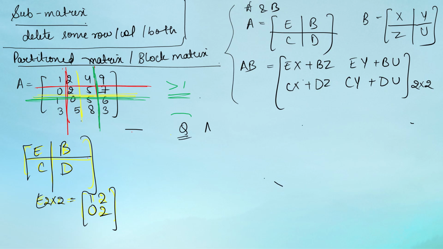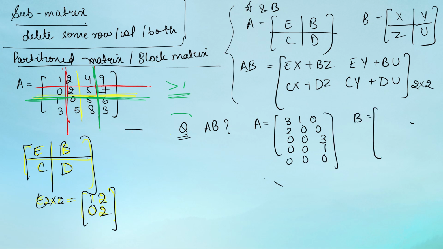Let's say you have to find AB, where A is given to you as 3, 1, 0, 2, 0, 0, 0, 3, 0, 0, 3, 0, 0, 1, 0, 0, 0. B is given as 2, 1, 0, 0, 0, minus 1, 1, 0, 0, 0, 0, 1, 0, 0, 1.